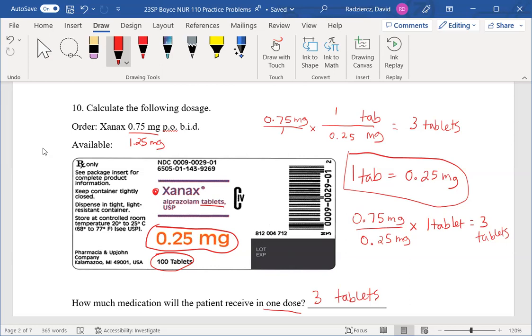So that's your clue that it's milliliters. If it's per oral, that could be a tablet or capsule. It could also be milliliters. So you should know what it means. The route doesn't necessarily factor into your calculations, but it might factor into your understanding of how that medication is being delivered.